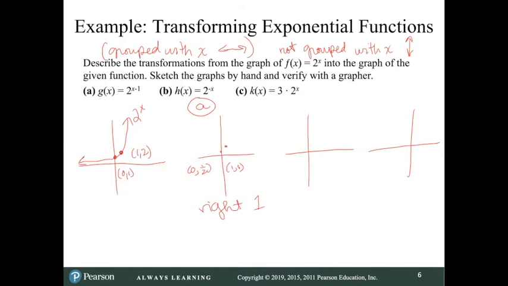And then when x is 2, 2 minus 1 is 1, 2 to the 1 is 2. So we have here the same shape, but shifted over by 1. That point that used to be on the y-axis has now shifted over, and the point that used to have a height of 2 is now shifted over.